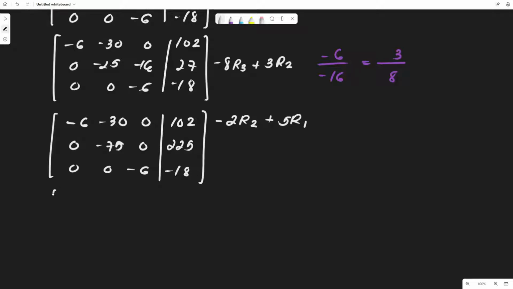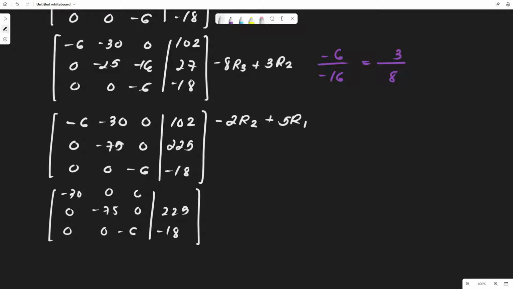Ayan. So we have here, kopyahin nyo lang yung mga hindi naman nagalaw. 0, 0, negative 6, negative 18, no? So dito tayo, we have 5 times negative 6, that is negative 30. No? So, obviously, this will become 0. This will still become 0.